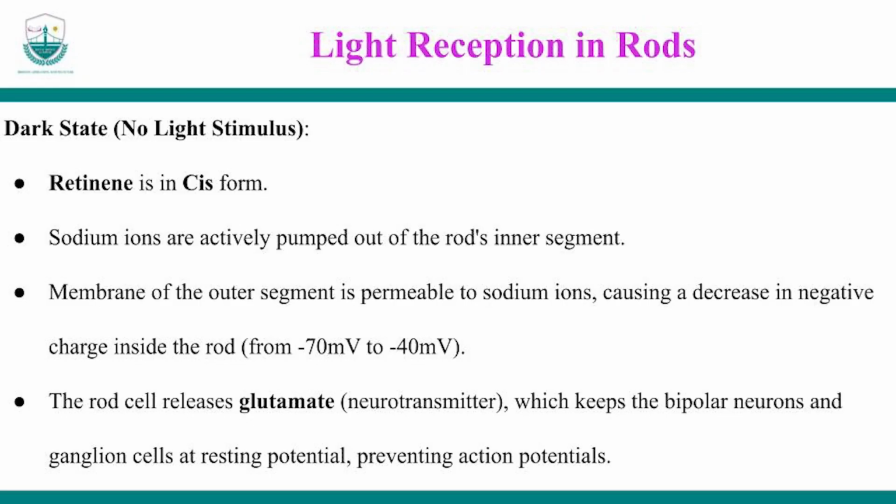So what happens if there is no light? Basically, there is no light stimulation. That means no light stimulus, so we are not firing electrical impulses in this state. So the retinol in this state is in the form of cis.